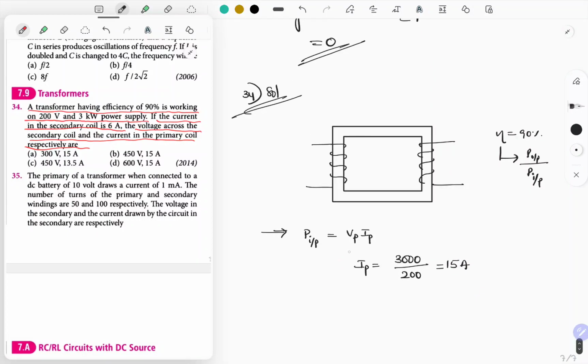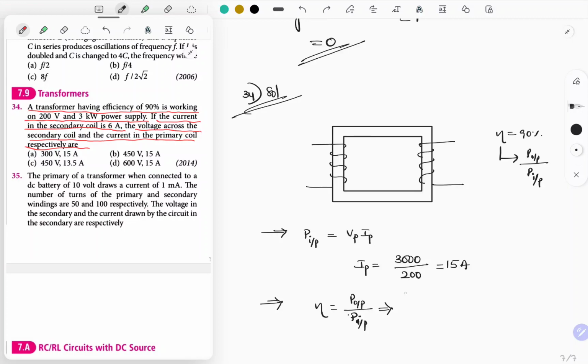Now what about secondary voltage? I have to find out secondary voltage, right? Now you can use the efficiency formula. Efficiency is output power divided by input power, where efficiency is 0.9.